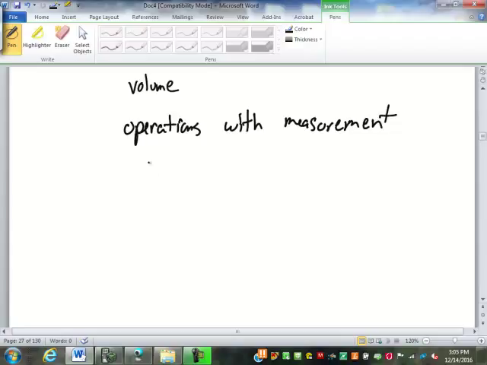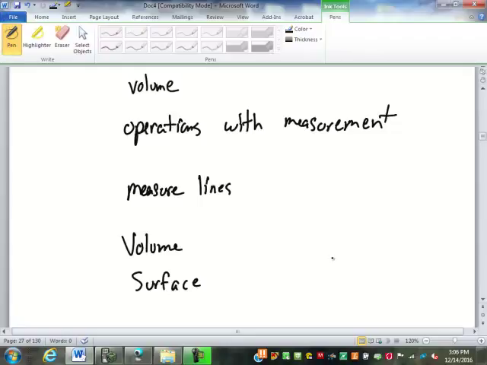You'll actually have to measure lines, so you need to have either a tape measure or rulers to use. You'll have to calculate volume and surface area, like we spent a few weeks on that one. And that's the main thing.